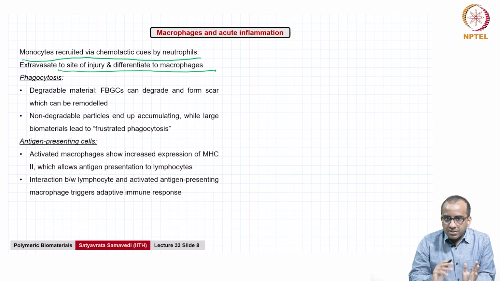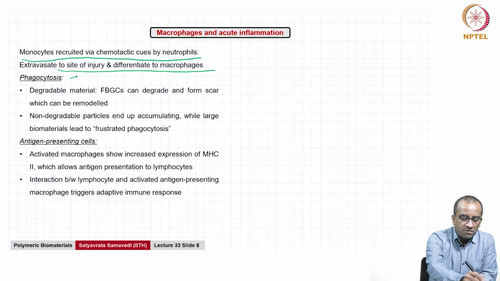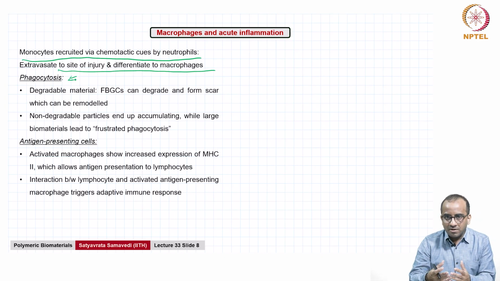And macrophages do many functions, but broadly, two functions that we will look at here are, one is phagocytosis, which is again something that we just saw with neutrophils. This is literally engulfing of foreign material and then digesting them and then throwing out the waste, right? So, this is going to take care of any foreign debris, pathogen, etc. that these cells can engulf.